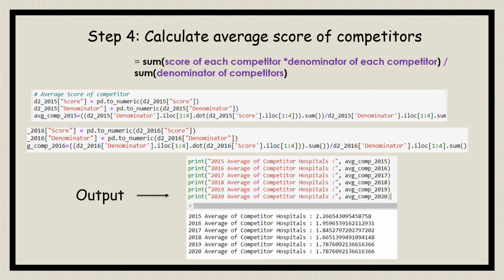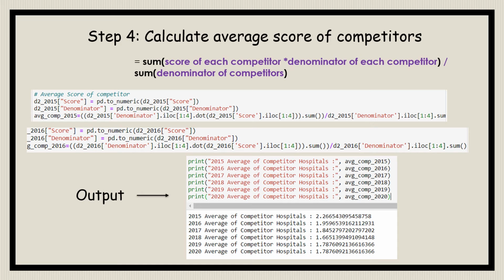Once that's done, we calculate the average score by dividing the sum of the product of the score and denominator of each competitor by the sum of the denominators of competitors. The iloc 1:4 clause in the third line denotes that we are only including rows 2 to 4, namely the competitors, and the dot clause indicates that we are multiplying each score in that row with the corresponding denominator for all competitors.